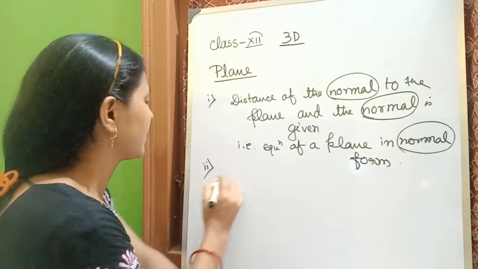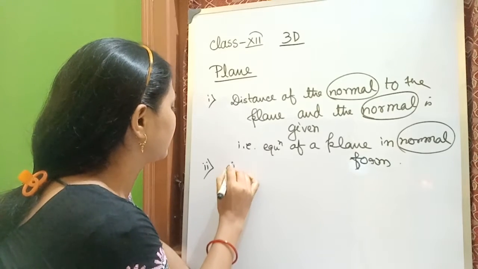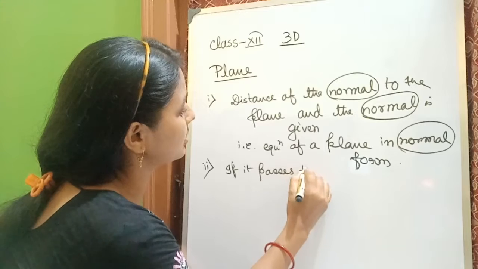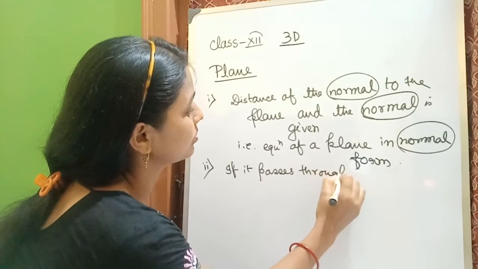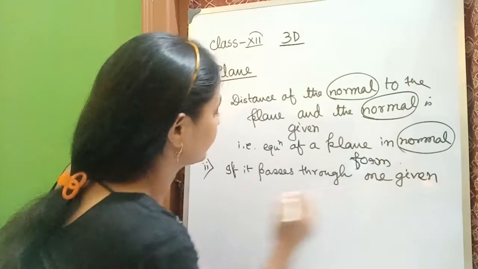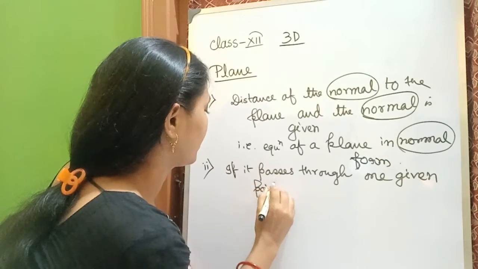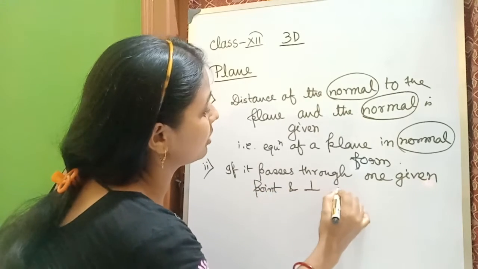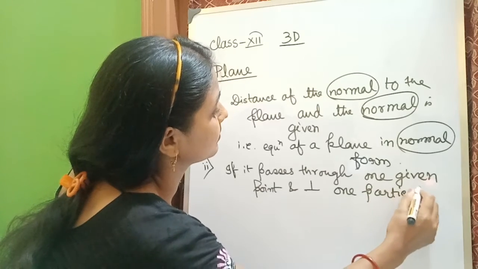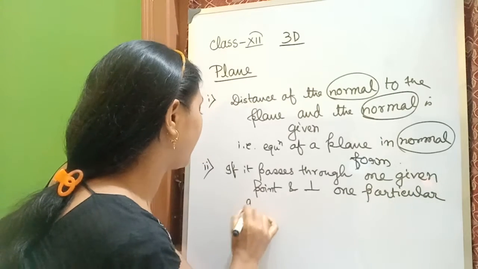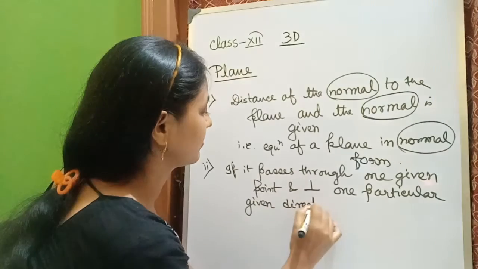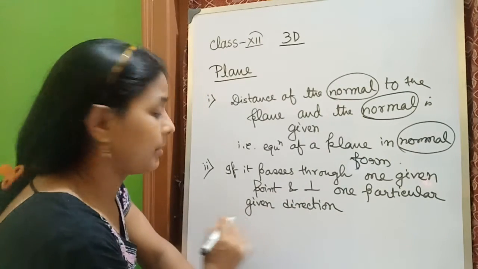Number 2: if the plane passes through one given point and is perpendicular to one given direction, then also its equation can be found.